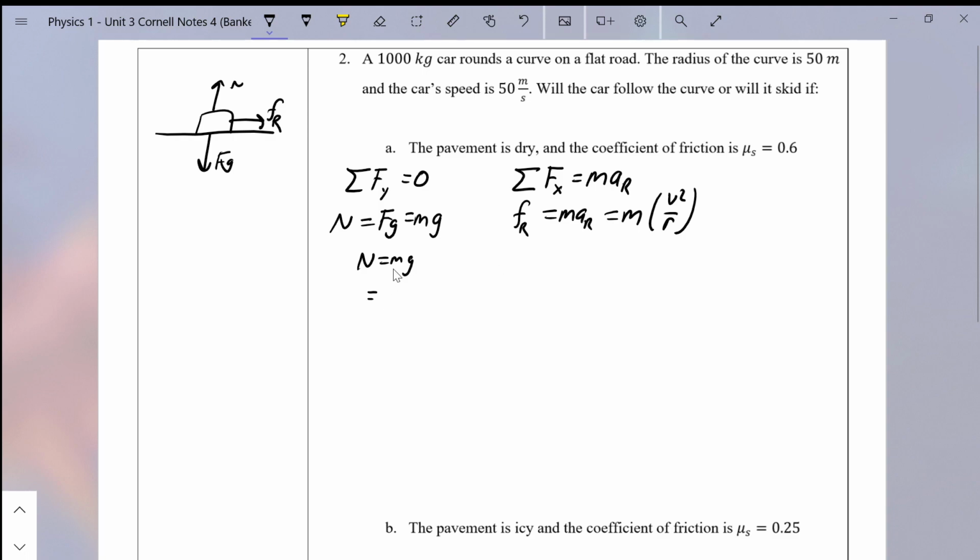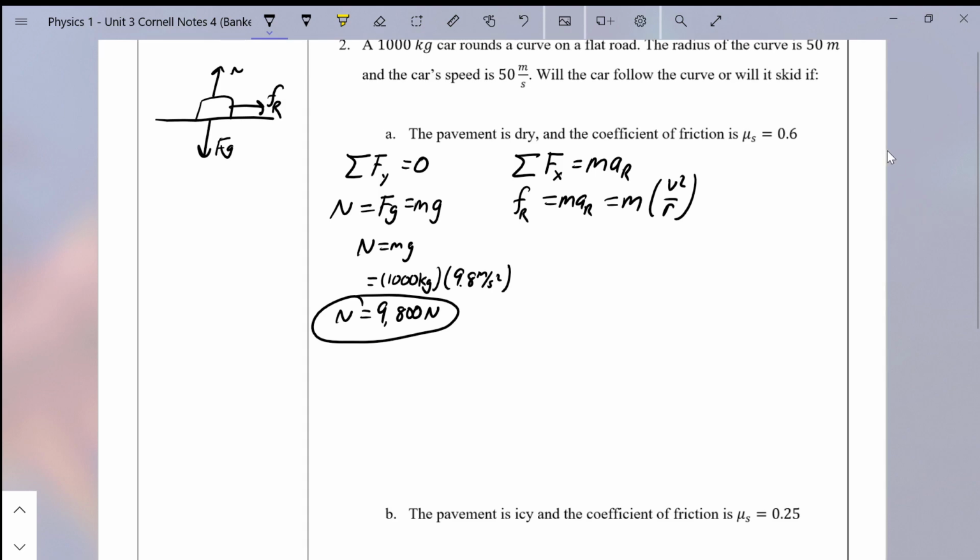So if I plug in m is 1,000 kilograms, g is positive 9.8 meters per second squared, I get an answer of 9,800 newtons. My normal force.